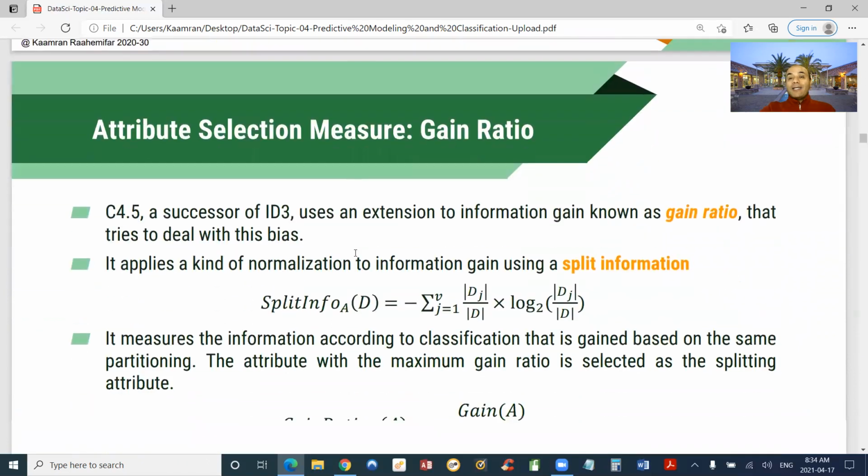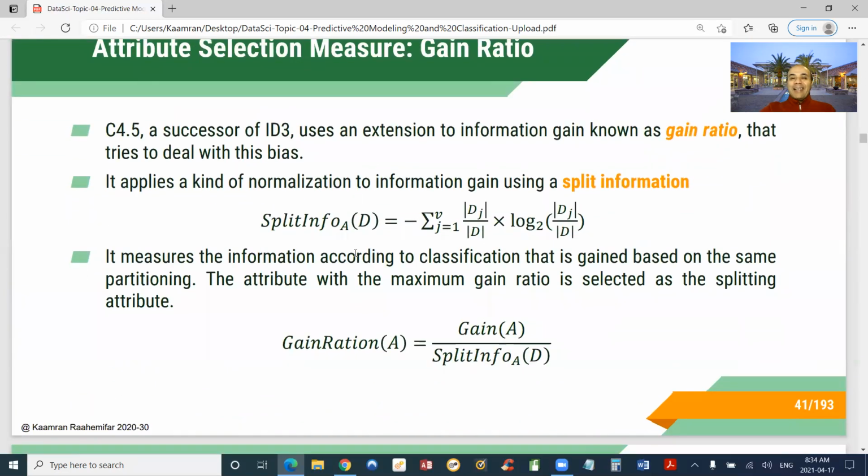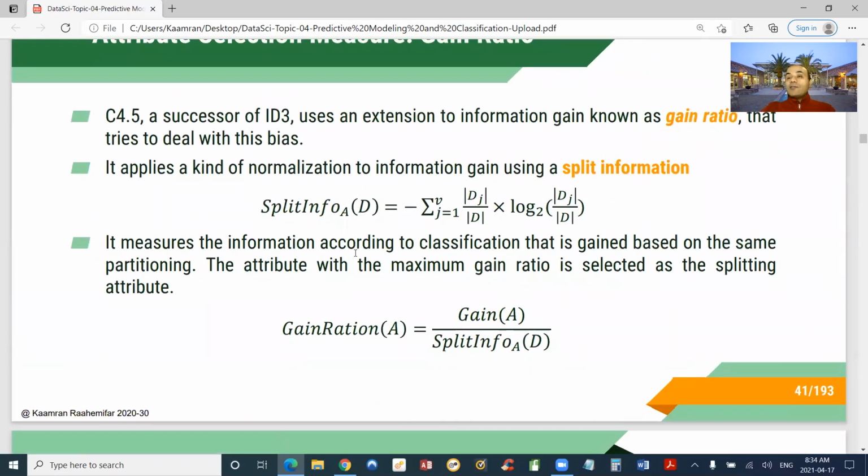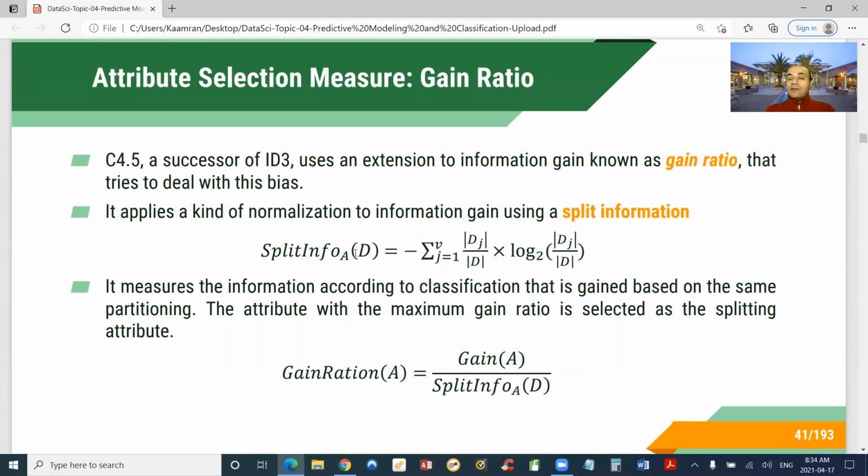Reflecting on the cookie example, for example, slowly they try to simplify the process. As you can see, we have removed the P, and now we are considering the D, the class itself. Let's do this gain ratio. This is the second approach.